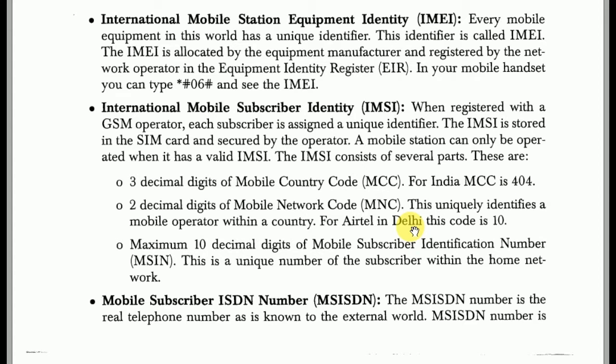For Airtel in Delhi, this code is 0. So this is called mobile network code, MNC. The next one is 10 decimal digits of mobile subscriber identification number, that is MSIN. This is a unique number of the subscriber within the home network.